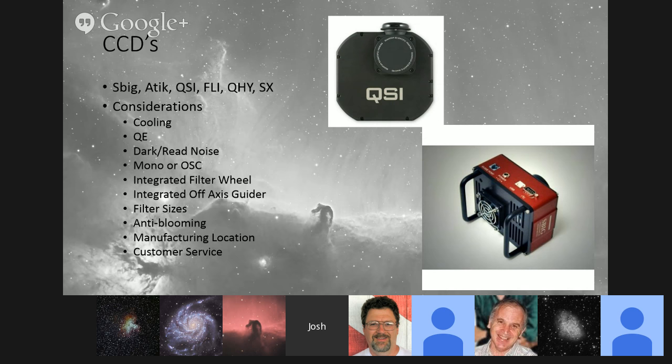If you're loading up your filter wheel with Astrodon filters, and especially the narrowband 3 nanometer ones, you might end up spending an extra $1,500 or maybe even more to go from the 1 1/4 inch filters up to the 36 millimeter filters. And on the same chip, even QSI will use smaller filters because they have them closer to the sensor. So it's definitely a big thing to consider.